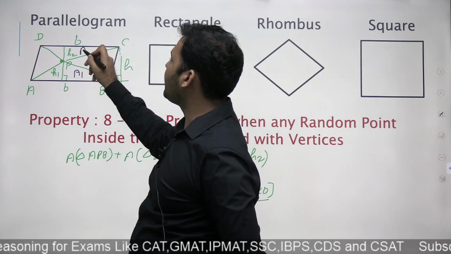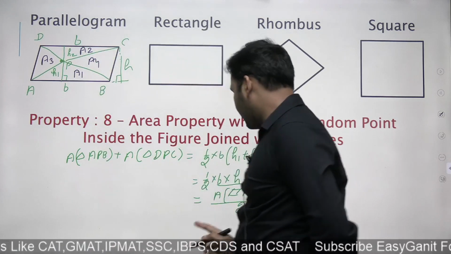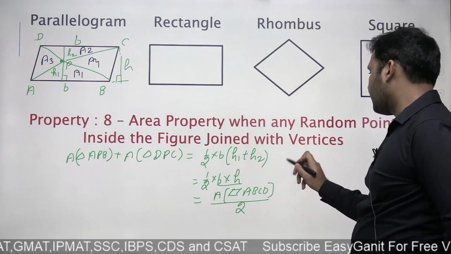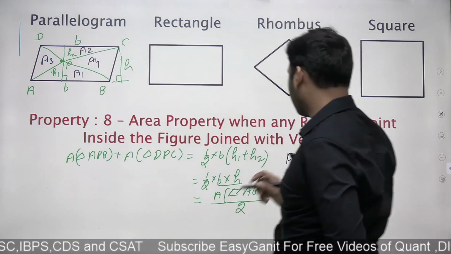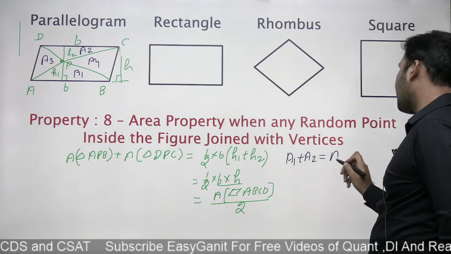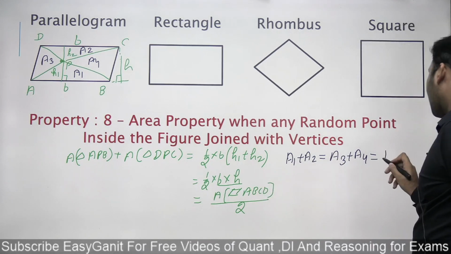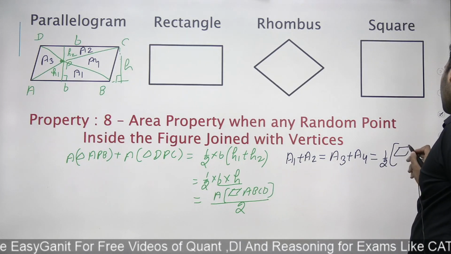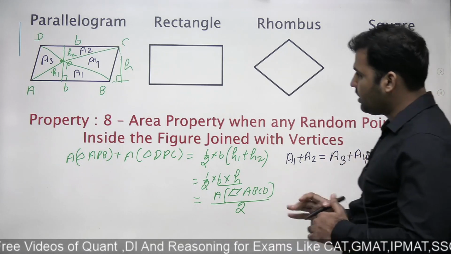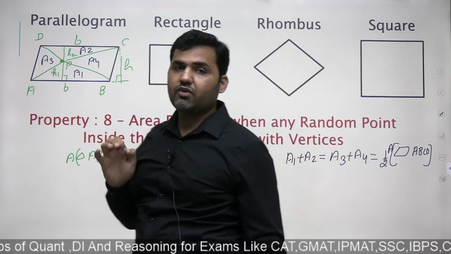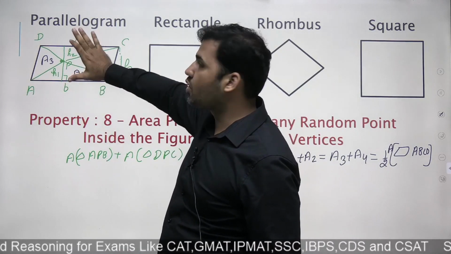Let's say this area is A1, this area is A2, this area is A3, this area is A4. Then we have just proved that A1 plus A2, the summation of the area of two opposite triangles, will be the same as A3 plus A4, which would be the same as half of the area of the complete parallelogram ABCD. Now, the main factor that we have used while proving this property is that these two sides are equal in length and both are parallel.